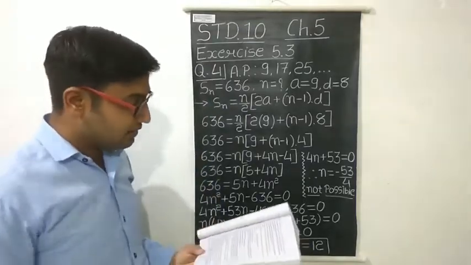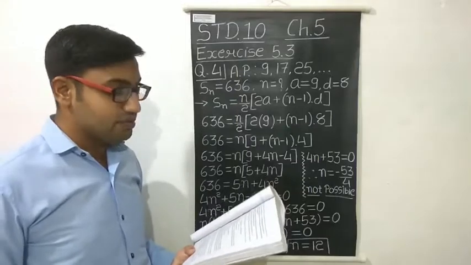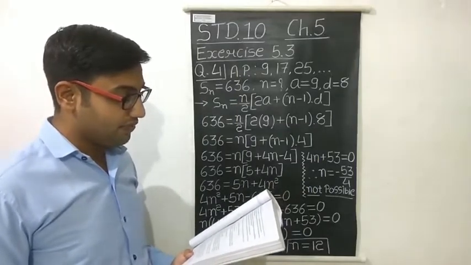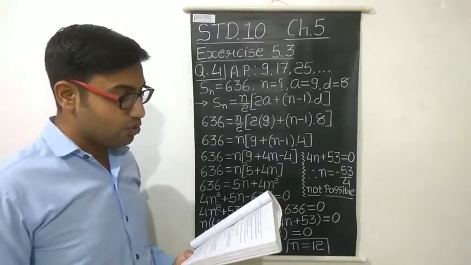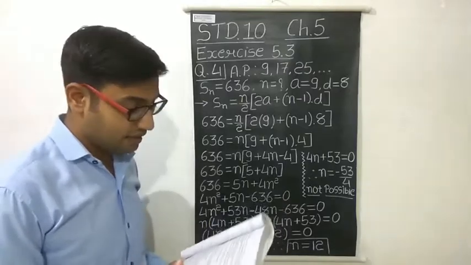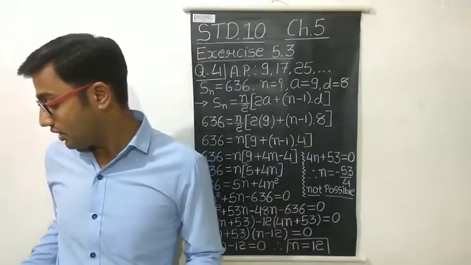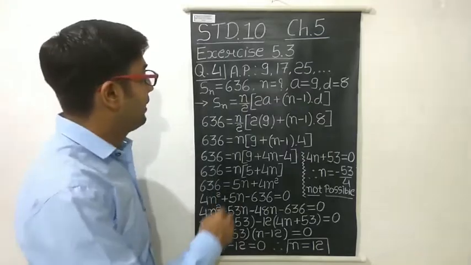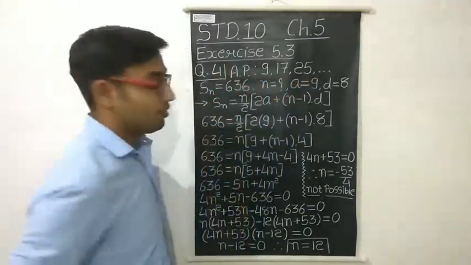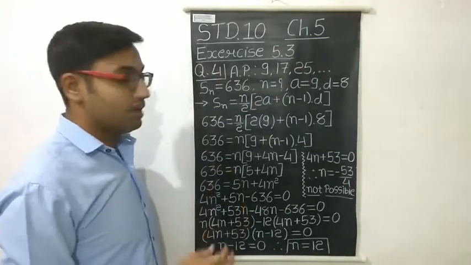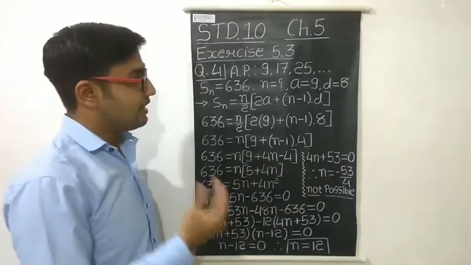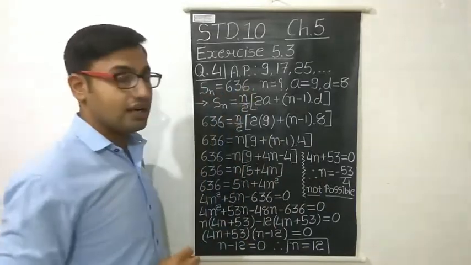The question is, how many terms of the AP 9, 17, 25 must be taken to give a sum of 636, right? So this is the question. Here we have been given an AP, 9, 17, 25, and so on. Now we are given the sum of the first some terms, and that sum is 636.